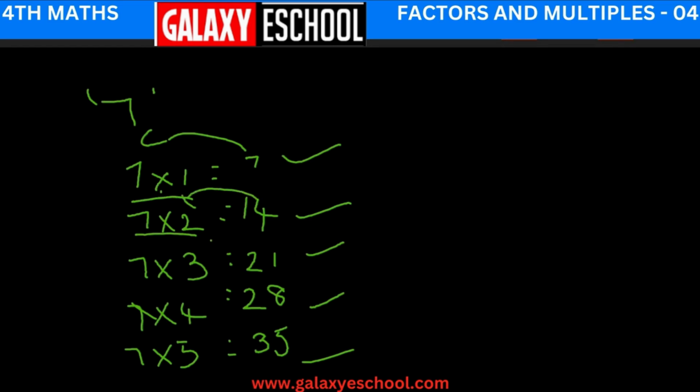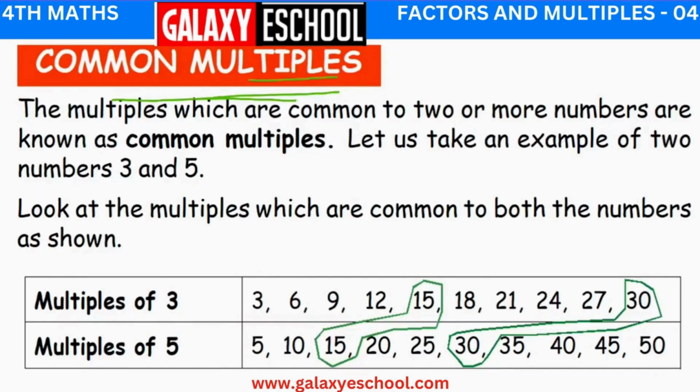So the numbers that we are multiplying here are our factors and the product is called our multiple. And this 14 is a multiple of both 7 and 2. Now this was a brief revision of what are multiples and factors.